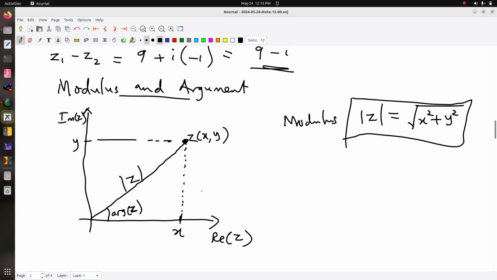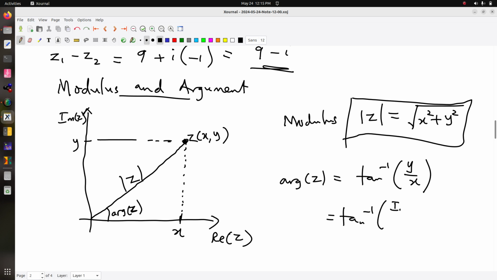To find the argument of the complex number, it is arctan of the imaginary part divided by the real part. The real part is denoted as x, while the imaginary part is denoted as y. So this is how you calculate the modulus and argument of a complex number.